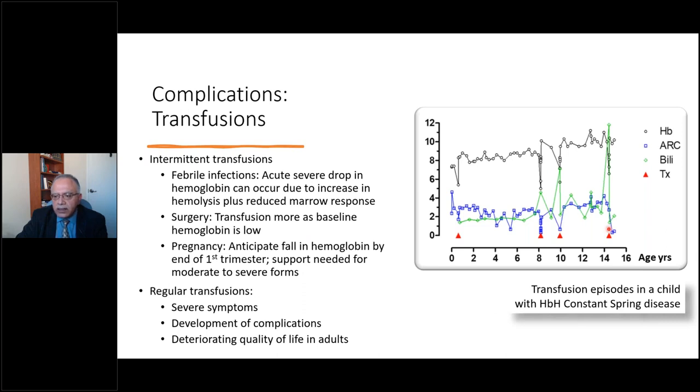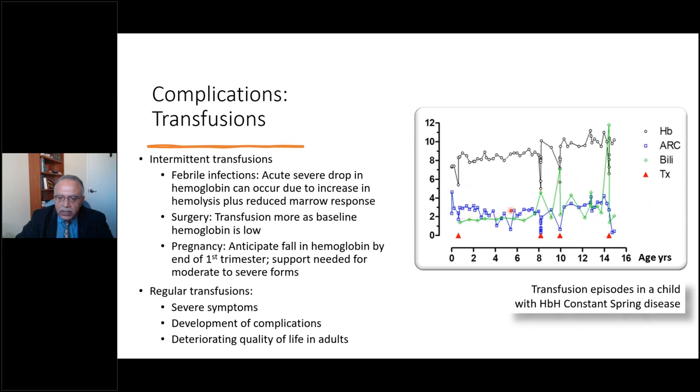On this slide, we see a history of a child with hemoglobin H Constant Spring who required 4 episodes of transfusions due to febrile infections. In each of these episodes, the hemoglobin level dropped to below 6 grams per deciliter.